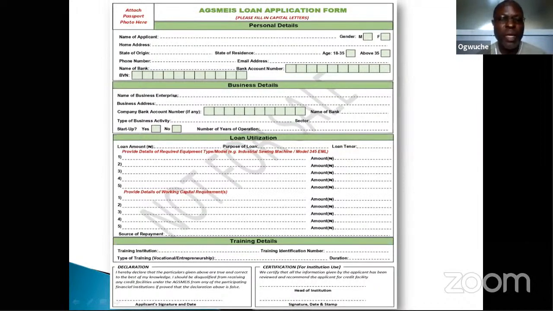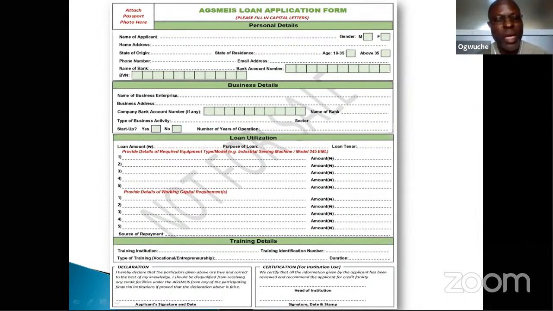Then company bank account number. Here, you don't have to fill that in now. Why? Because it's when you are invited for the interview. After the interview, you'll be given a form for opening of account by NASA Microfinance Bank. When you open the account and they give you the account number, that's when you now insert the number there. And then the name of the bank, which is NASA Microfinance Bank.